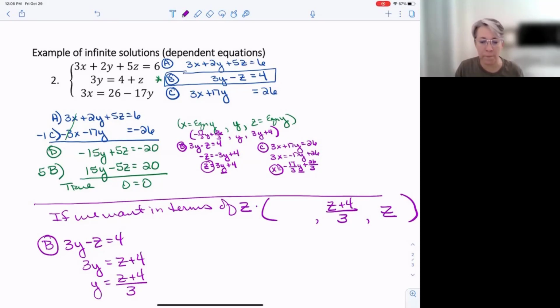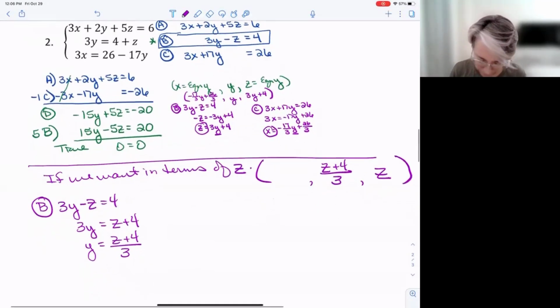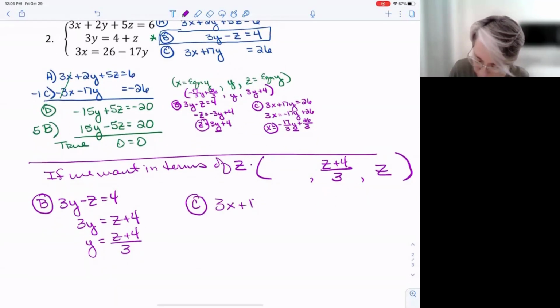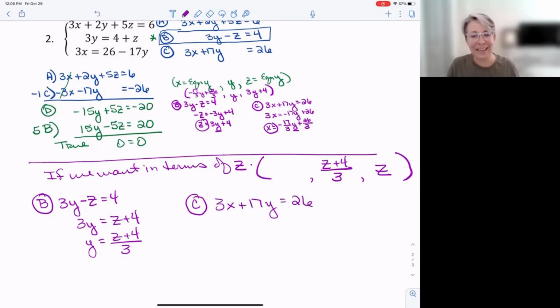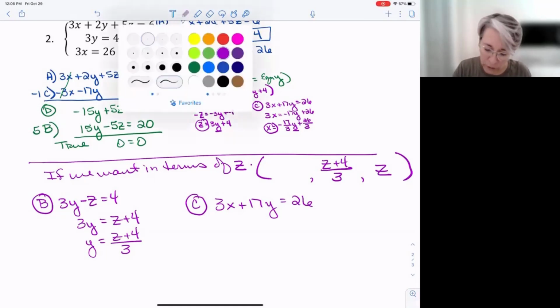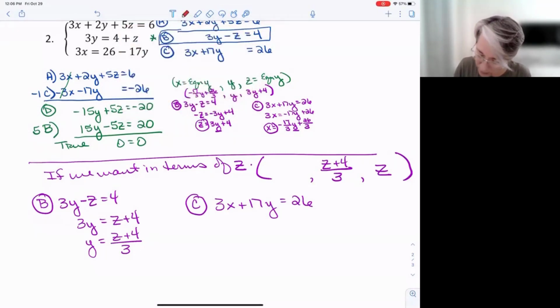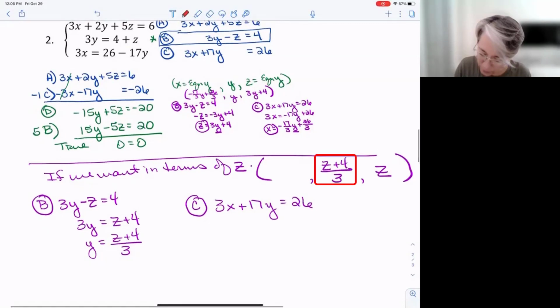X may be a little bit more challenging, but notice in equation C here, where we have 3x plus 17y equals 26, I can get my x in terms of y, but not in terms of z. So what we would do is take this guy and plug it in for this y.